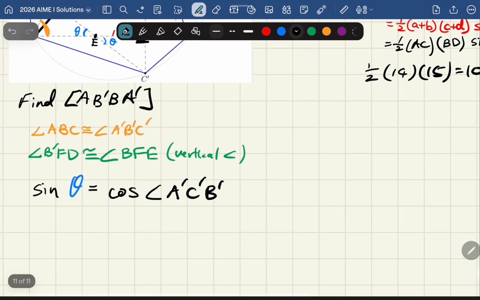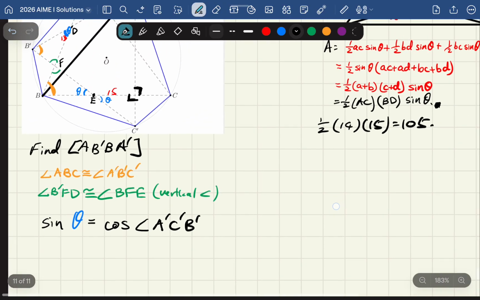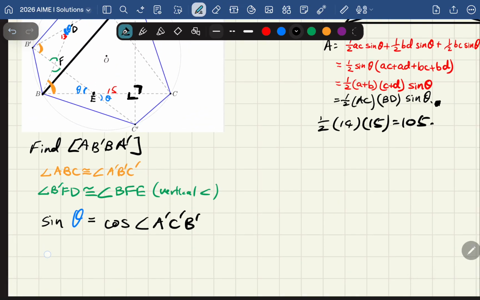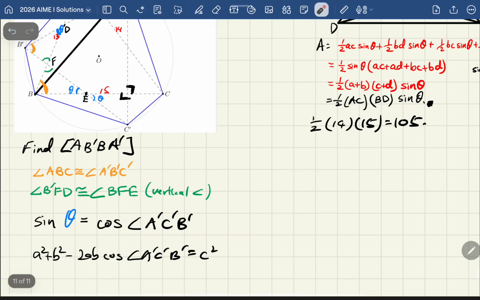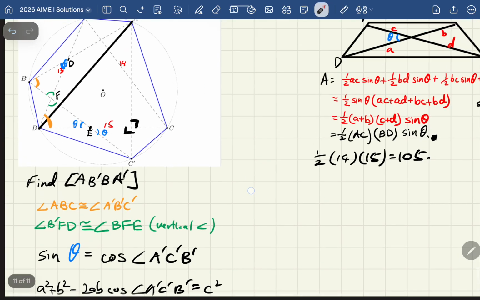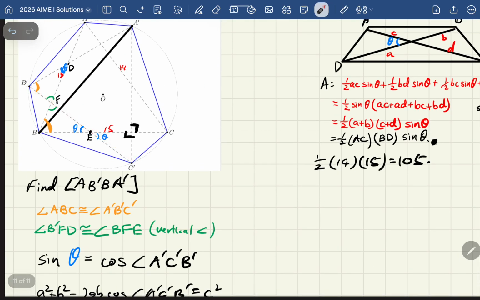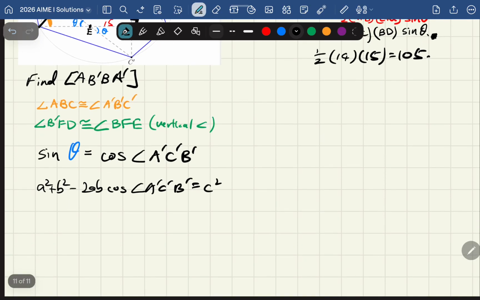To find this, use law of cosines. So A squared plus B squared minus 2AB cosine of that angle is C squared. And here this is 15, this is 14, and this is 13. So 13 is the opposite side.